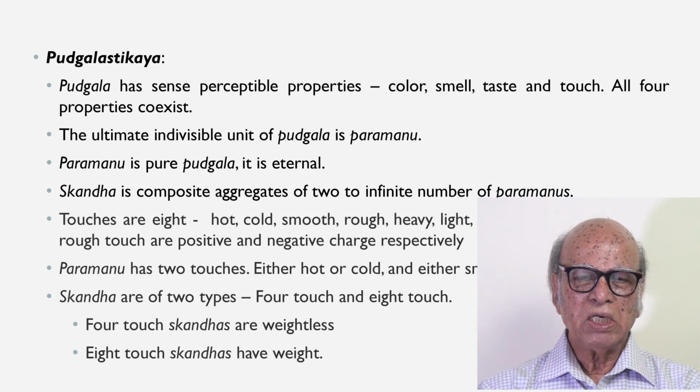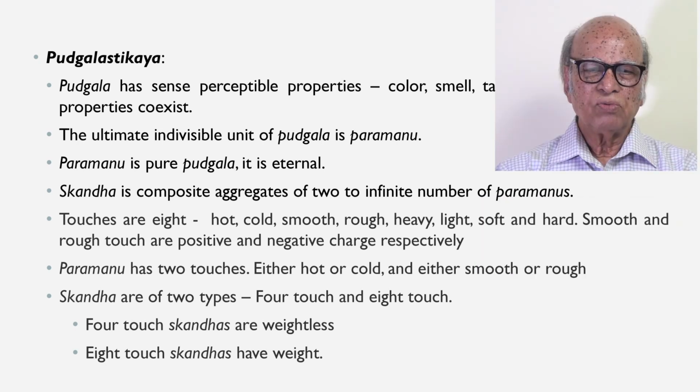The ultimate individual unit of Pudgal is called Parmanu. I also mentioned in the last class that if you go on dividing any physical object, as we study in science, the atom is the smallest part; then of course the atom is also divisible, and we know particles like electron, proton, neutron, and then proton and neutron are also supposed to consist of parts known as quarks and so on.